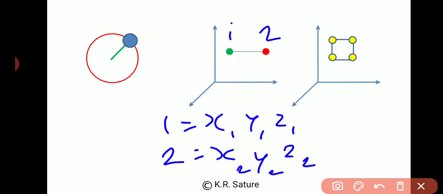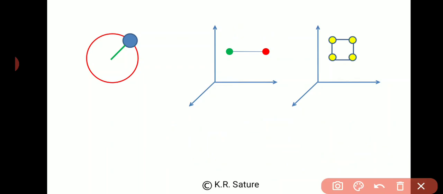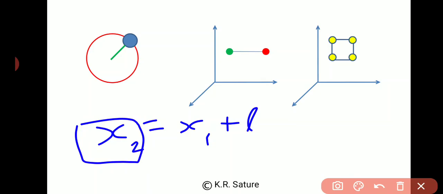But what if the distance between these two particles is L? Then we know that if I have some fixed x1, then obviously my x2 will be x1 plus L. So it means that we can define our constraint as x2 is equal to x1 plus L, and by this we don't have to describe the coordinate x2, which can be obtained by the value of x1.